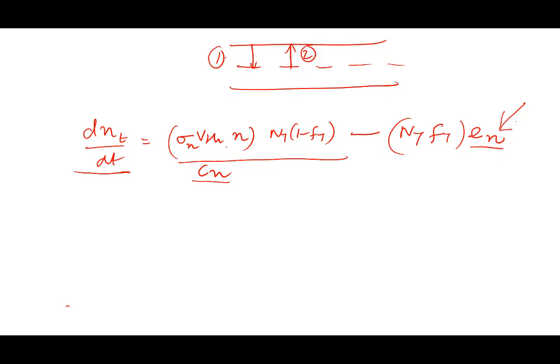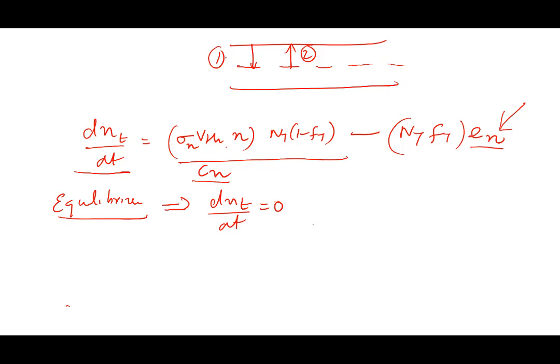In equilibrium, the rate at which it is getting captured equals the rate at which it is emitting back. That is, 1 and 2 cancel each other. So equilibrium implies dNt by dt equal to 0. The two are equal to 0.